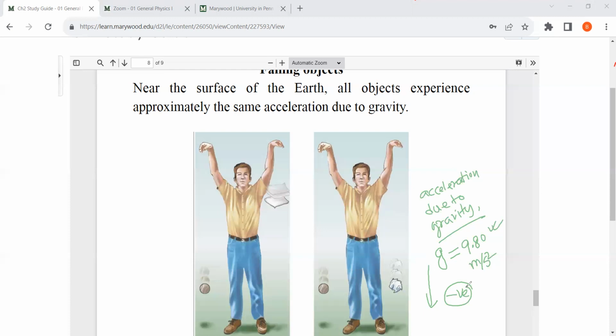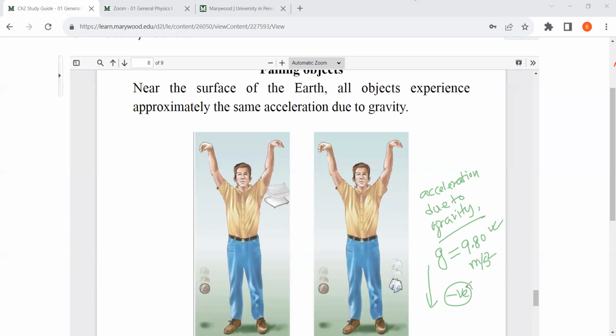Now, to mathematically explain the freely falling object, when something falls downward and we ignore the air resistance, then we can use the kinematic equations to explain the motion of a freely falling object.